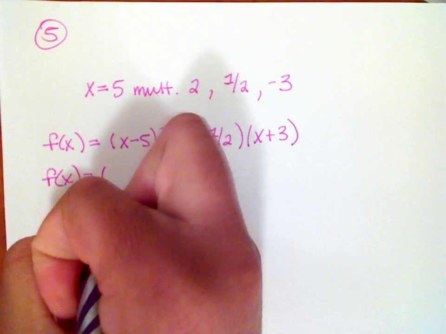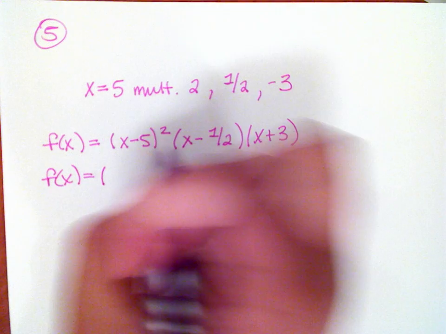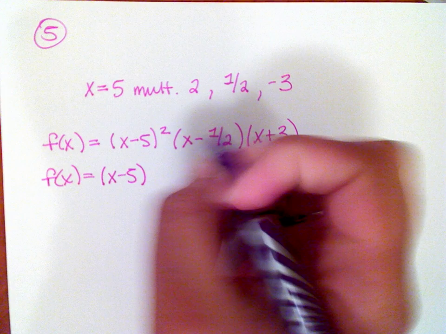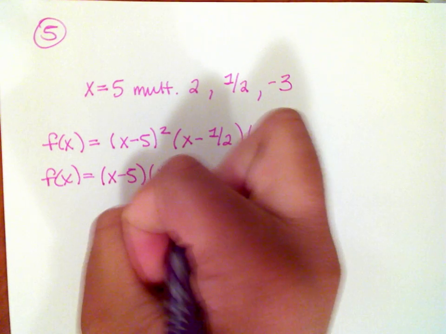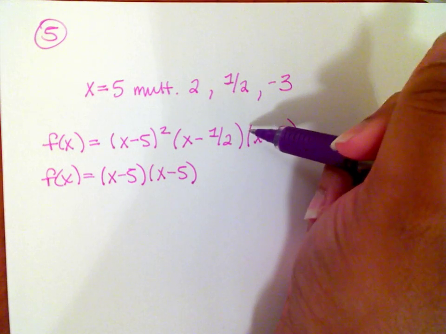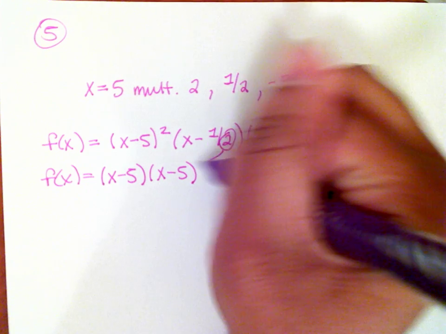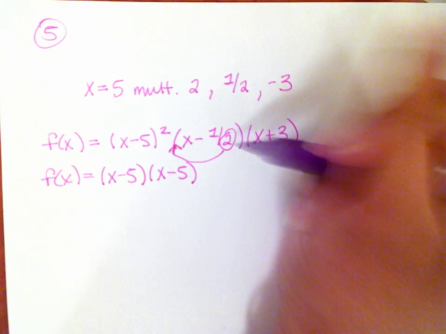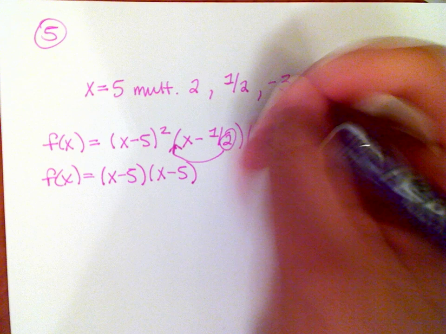Alrighty, so now I'm just going to write them all out so you can see them. The quantity x minus 5 times the quantity x minus 5. And then for the factor x minus 1/2, we will do bottoms up: you take the denominator and put it with x.